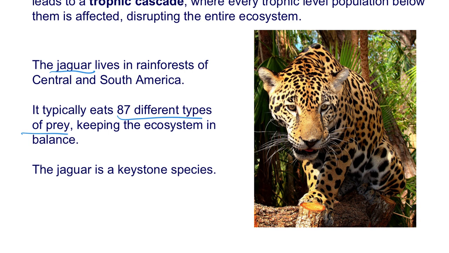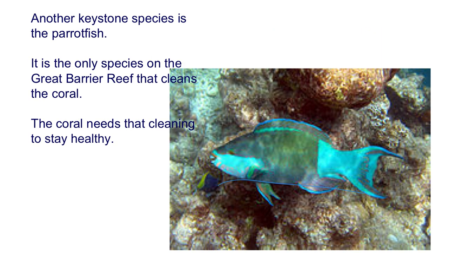Remove the jaguar, and one of those populations is going to grow and damage the food web, and maybe crash the whole ecosystem, change it into a less diverse community.